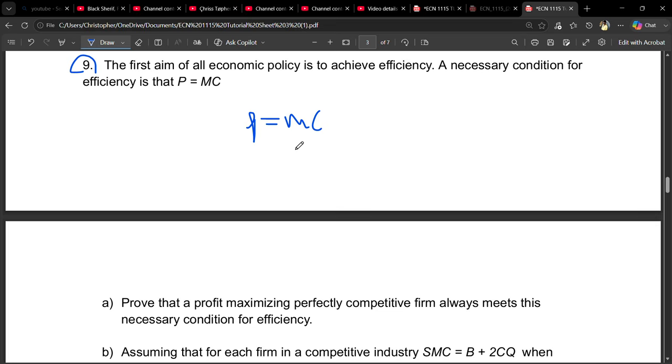This condition is always met in perfect competition, because all firms produce at a point where marginal revenue is equal to marginal cost. That is the profit maximizing quantity. But remember that price is the same thing as marginal revenue, so instead of saying marginal revenue is equal to marginal cost, you say price is equal to marginal cost. So this is always met because it is the same thing.